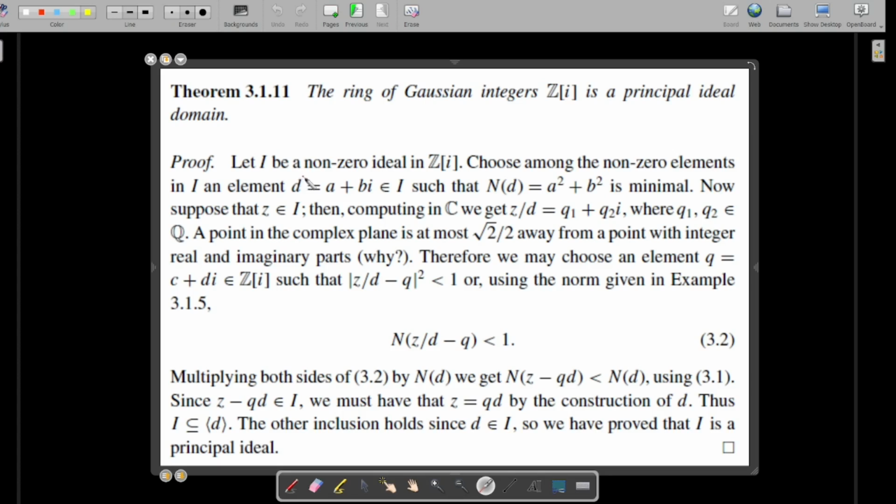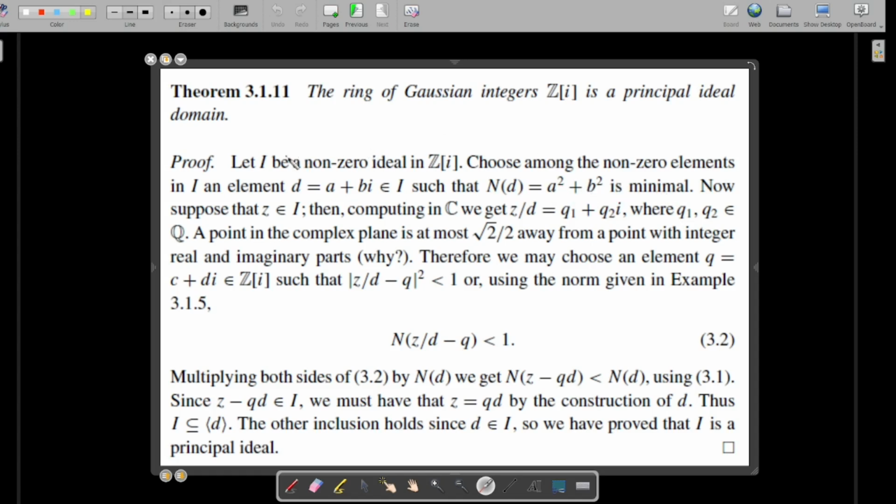So let I be a non-zero ideal in Z[i]. We are providing a particular element in Z[i], and we will show that this element will generate the ideal I. The way we choose that element is here. Choose among the non-zero elements in I an element d equal to a plus bi belonging to I such that the norm of d, equal to a squared plus b squared, is minimal.